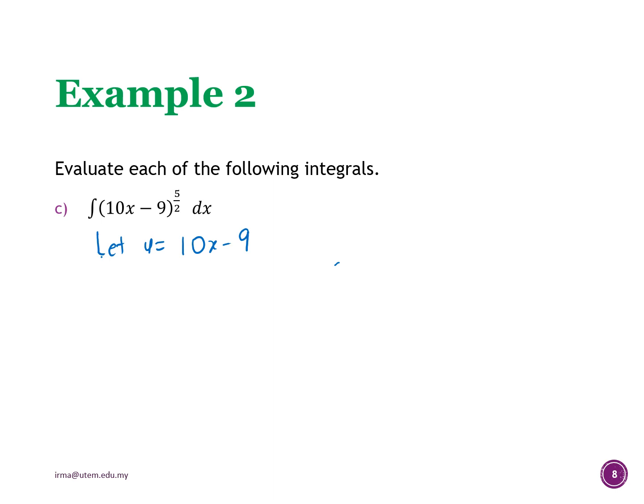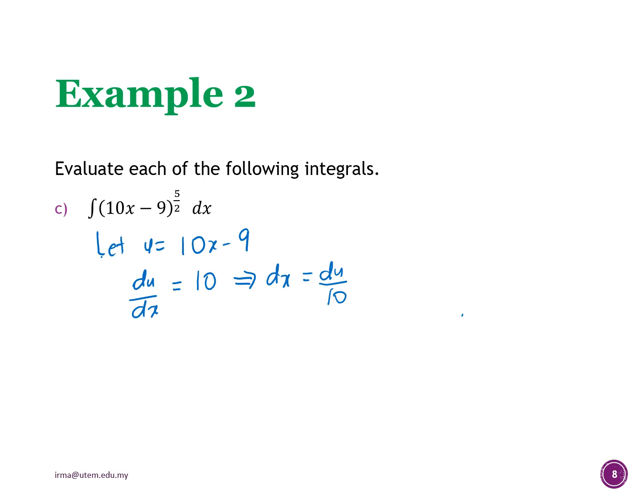Right, so then we will have du over dx. Differentiate u with respect to x, so you will get 10. And we can rearrange, the dx will be equal to du over 10.